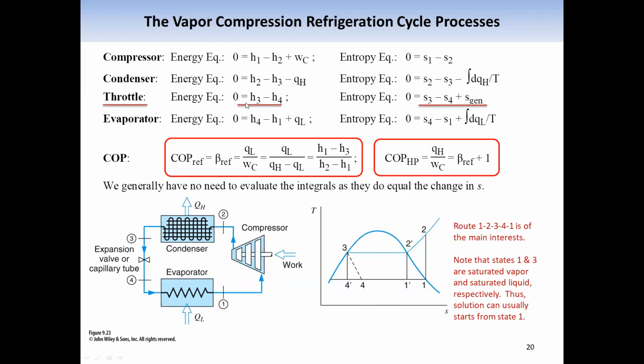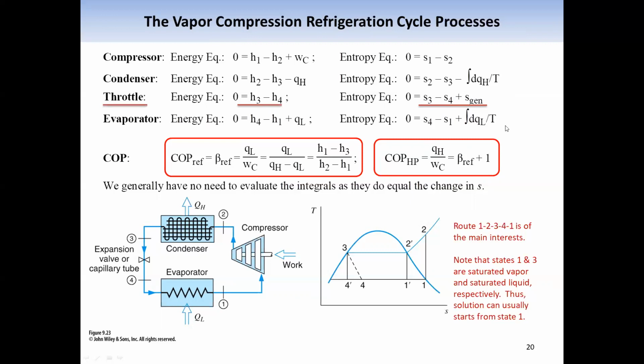For the constant enthalpy process, since it's still adiabatic, there's no heat transfer term, but we're going to have an entropy generation term. So this is different from the idealized heat engine.